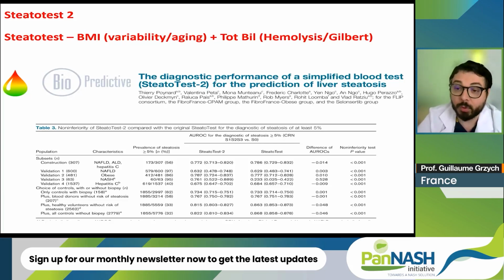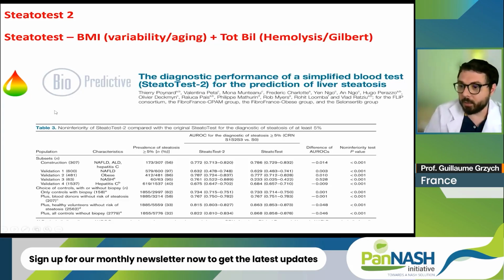Why remove total bilirubin in this score? Because total bilirubin could depend on hemolysis, with samples that are difficult to collect, or on other pathologies that have a consequence on total bilirubin, such as Gilbert's disease. Other hepatic diseases could also impact the total bilirubin measurement. So in the SteatoTest 2, BioPredictive removes BMI and total bilirubin.